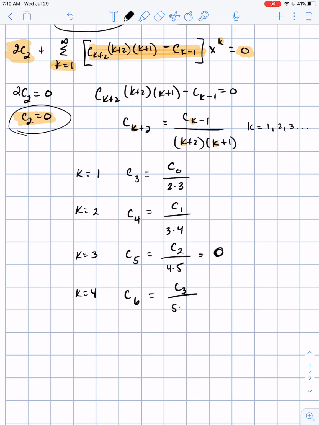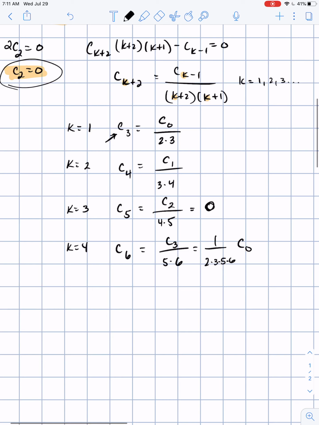Now this step here, right, where you get c sub 3 over 5 times 6, we already know c sub 3 up here. So all I'm going to do is replace that and write it as 1 over 2 times 3 times 5 times 6, and then c sub 0 that way. And then this just continues.